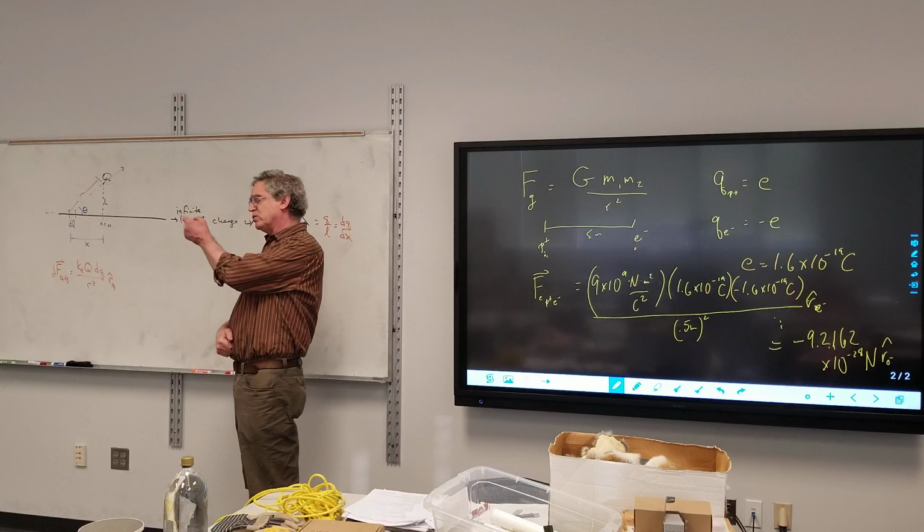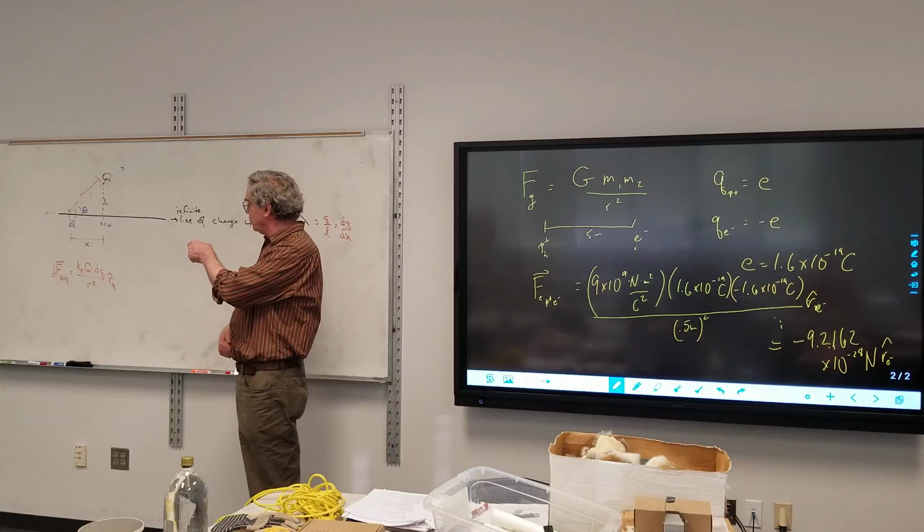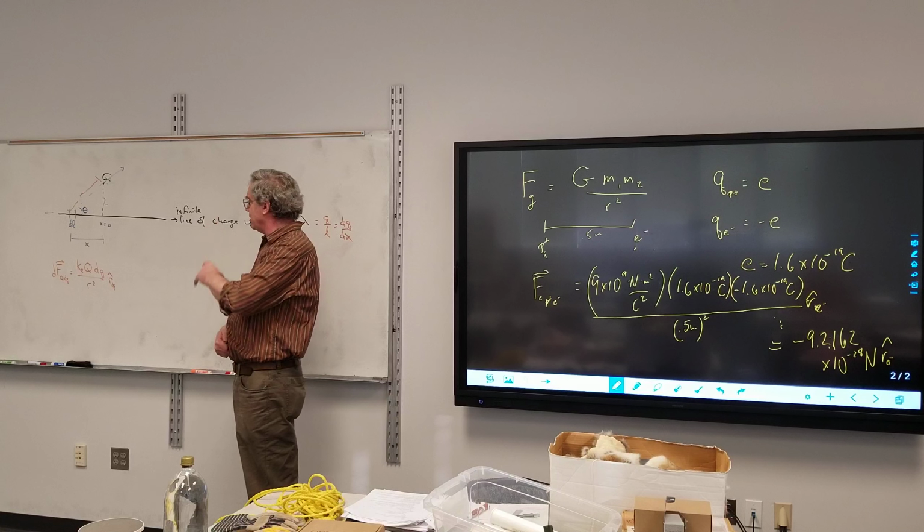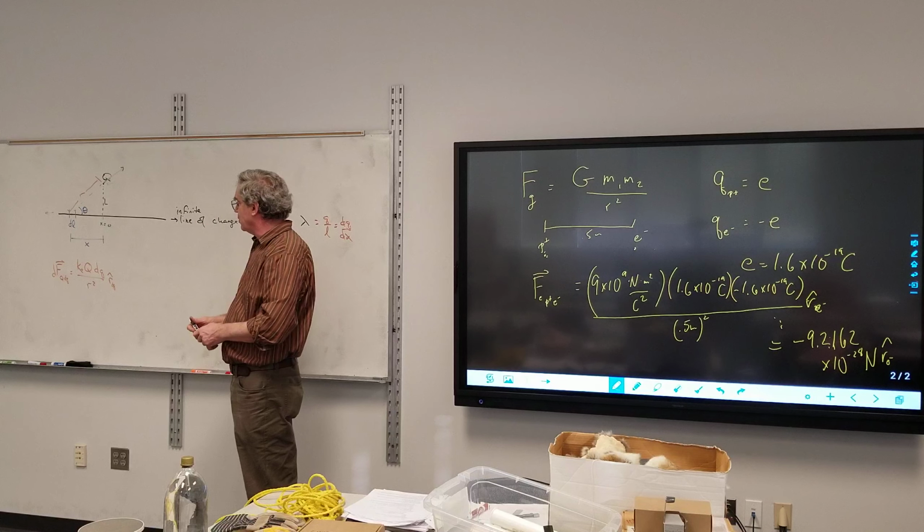So you pick a small differential, you look at the force from that small differential, and then go from there.